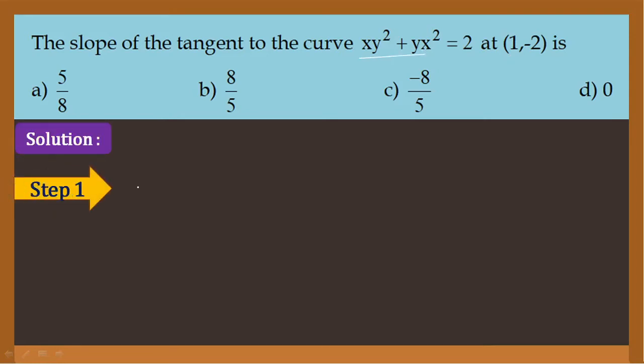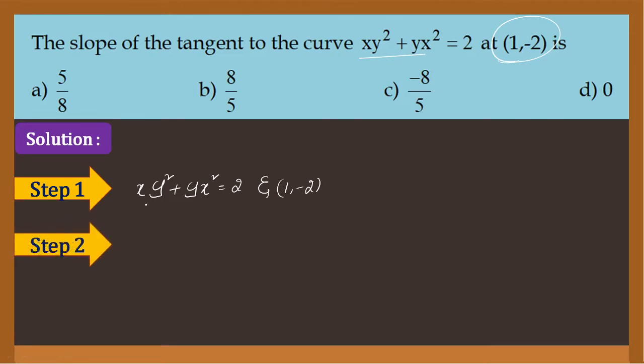Given curve is x y square plus y x square equals 2 and the point is (1, minus 2). Now, differentiating with respect to x on both sides of this equation, we get, here x into y square is in the form of uv.